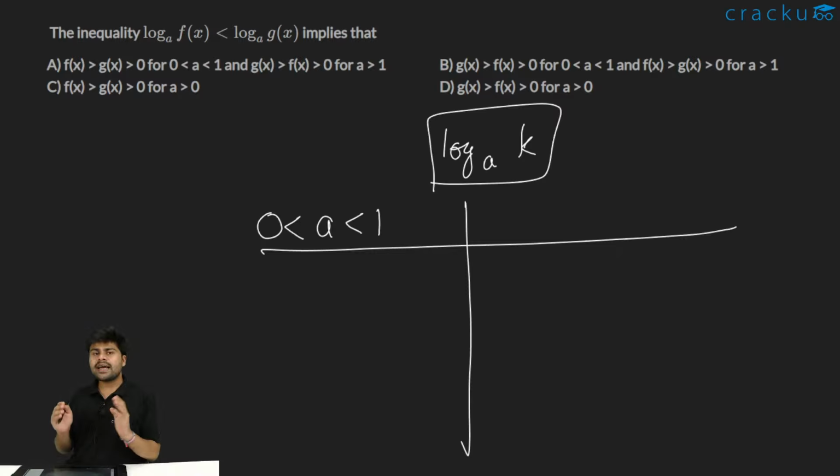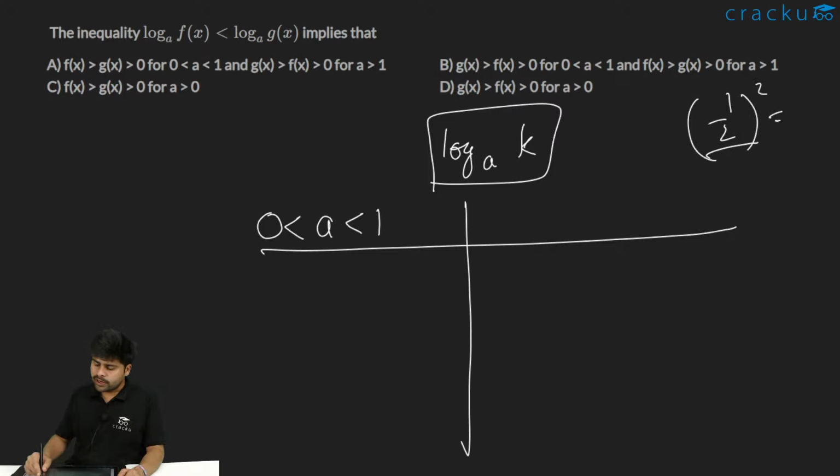So if the base lies between 0 and 1, say 1 by 2, we know that when we raise this to the power of 2, 1 by 4 comes out, right? 1 by 2 squared is 1 by 4. Now tell me, is 1 by 2 greater than 1 by 4 or less than 1 by 4? 1 by 2 is greater than 1 by 4.